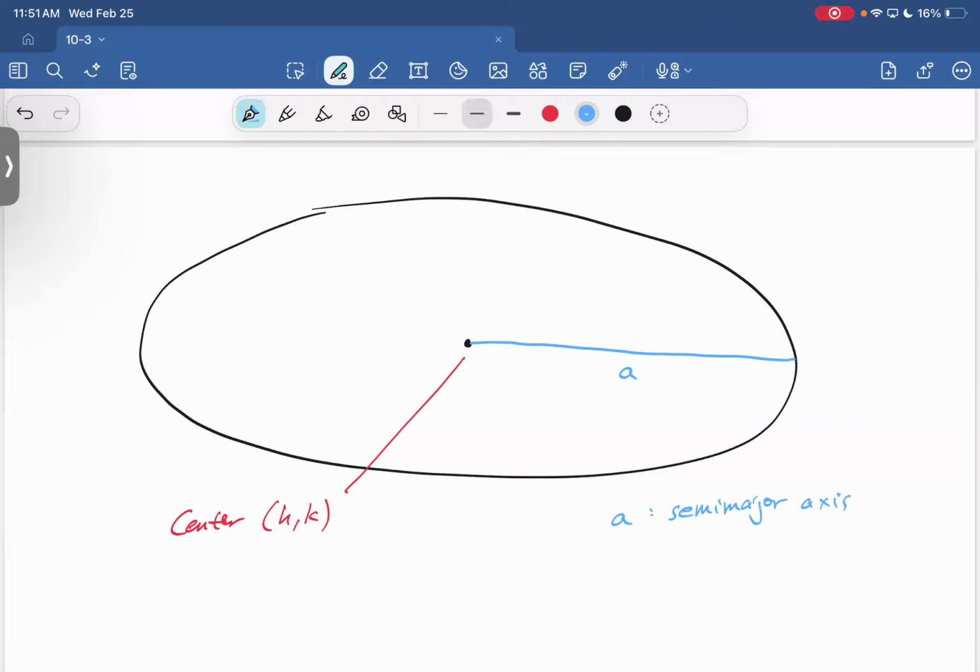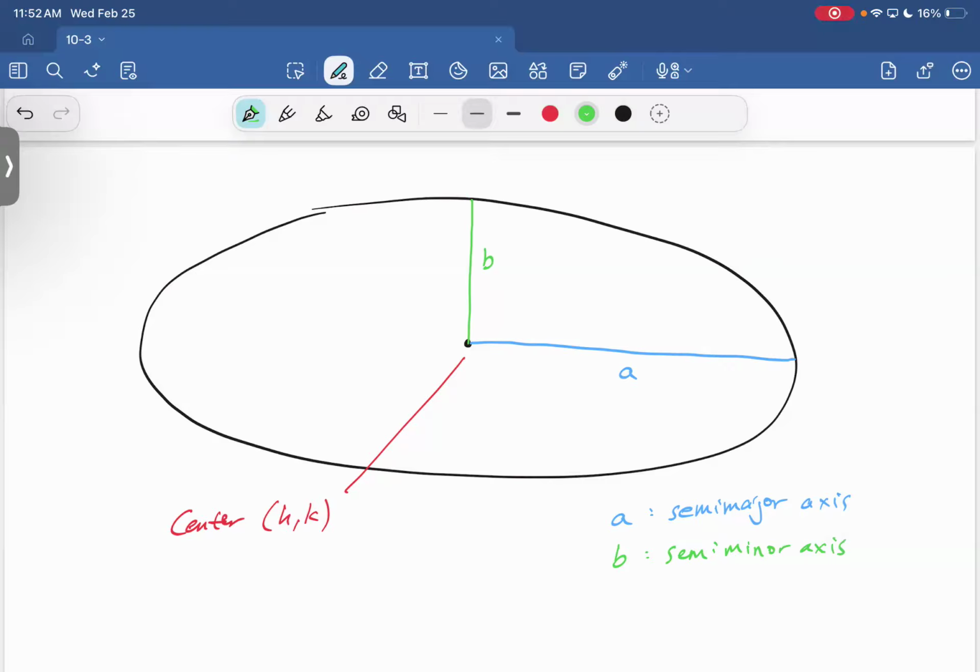So the major axis has length 2a, and the semi-major axis has length a. And then we also have the semi-minor axis. Why is it called the semi-minor axis? Well, it's because it's shorter than the major axis. So the short one is always the minor one, and the long one's the major.